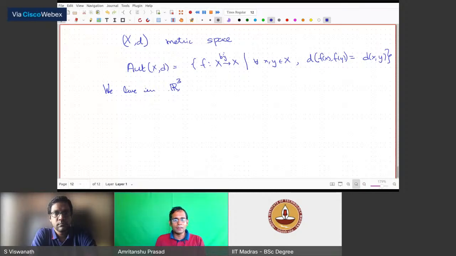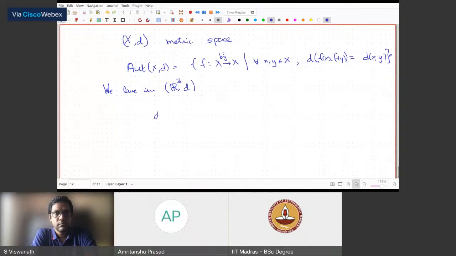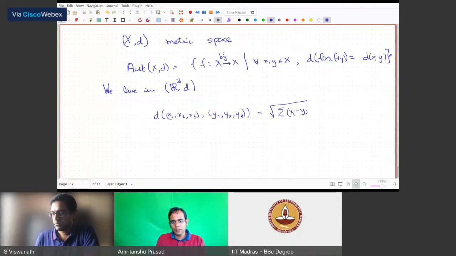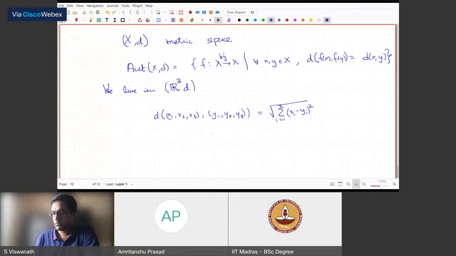And the distance is the Euclidean distance, which is given by the square root of (x1 minus x2) squared plus (y1 minus y2) squared, and so on, right? The usual Euclidean distance.